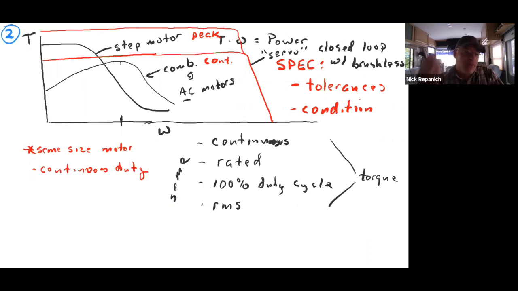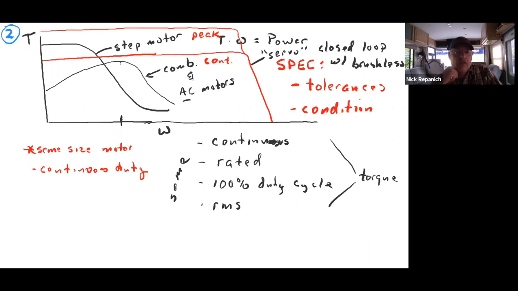An example of something that's not: when you get into some mechanics, and you've all had 340, so we can talk about ball screws and lead screws. Say you're dealing with a lead screw, which is a friction type of nut instead of a ball screw, which is a rolling translation. You may see all these specs and then a little tiny asterisk at the bottom that says 40% duty cycle.